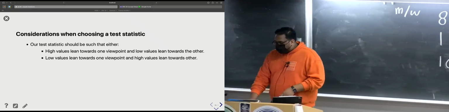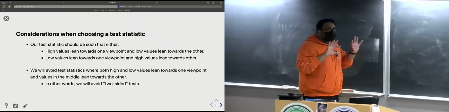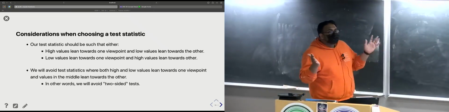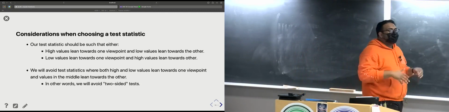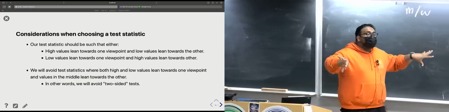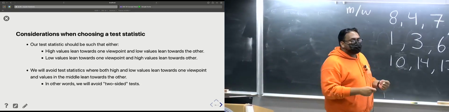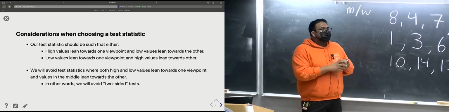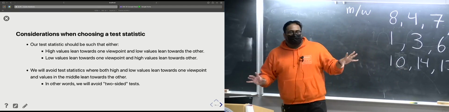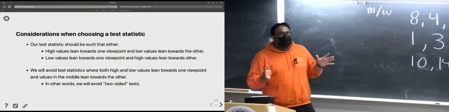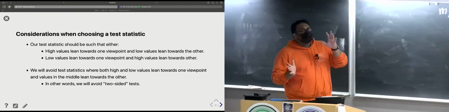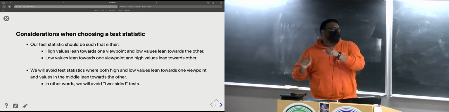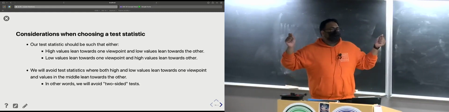In other words, we're going to avoid test statistics where we have to look at the middle of the distribution or two tails of the distribution to get an answer. If you've heard of a two-tailed test before, totally fine if you haven't. We will not be looking at those in this course. We design our test statistics so that we only need to look in one tail end of our histogram. Does that sound okay?